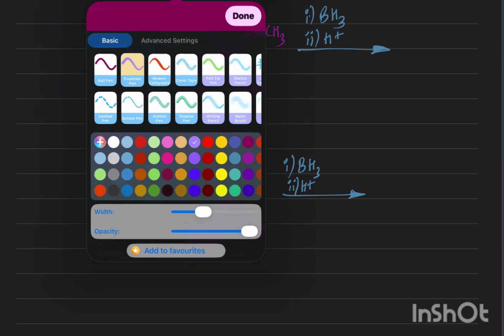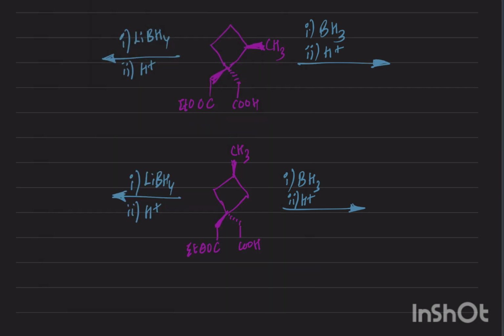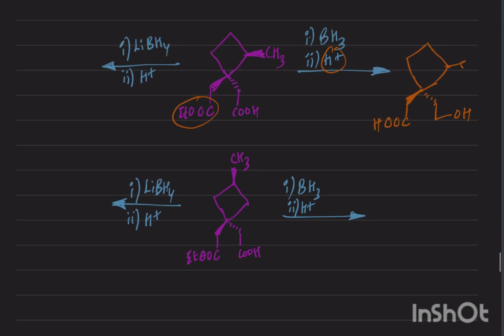So what happens here is that when it reacts with BH3 and H+, it reduces the acid to alcohol, and in the presence of H+, this ester will be hydrolyzed to acid. This CH3 will remain the same. Similarly, in the other part also, this is CH3, and this will be the COOH, and this will be reduced to alcohol.